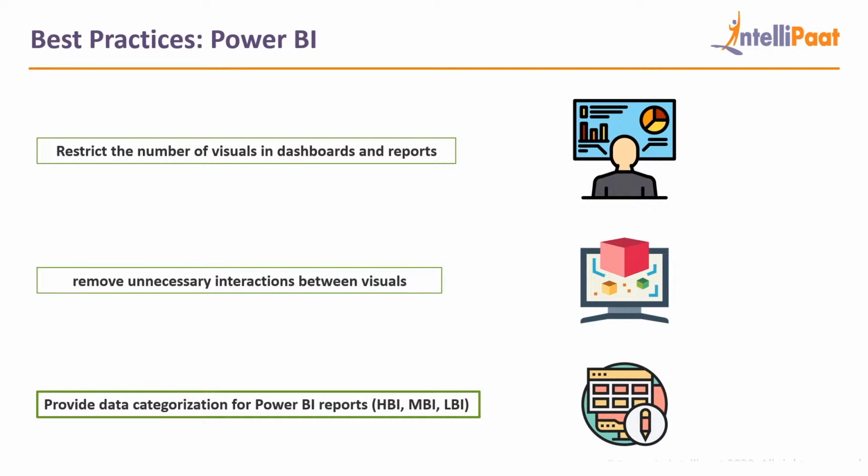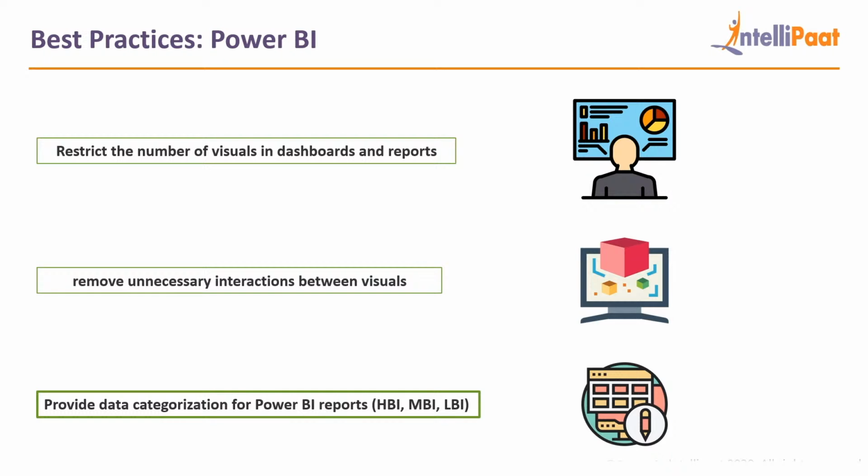The next one is to provide data categorizations for Power BI reports, in the bracket that says HBI, MBI, and LBI, which correspond to high business impact, medium business impact, and low business impact. HBI, MBI, and LBI are the kinds of reports which are segregated on the basis of the impact they have on the business.